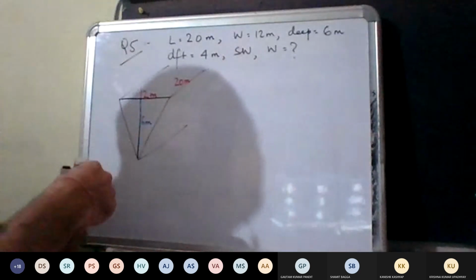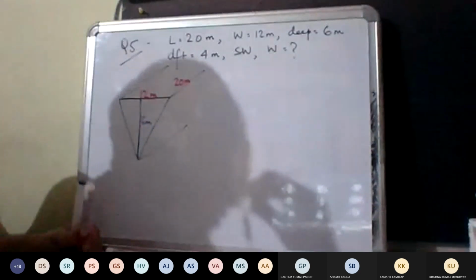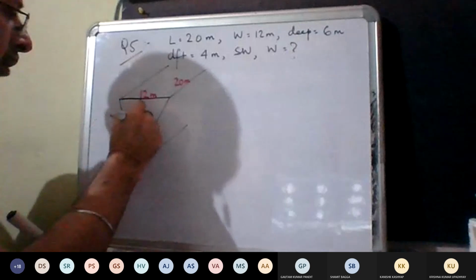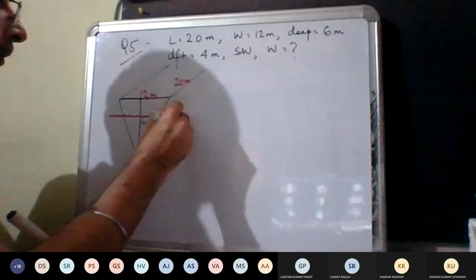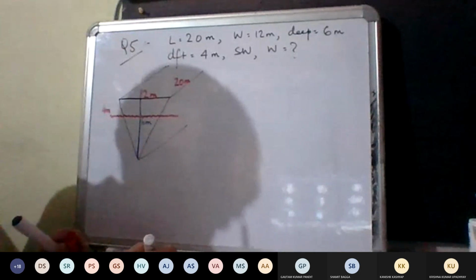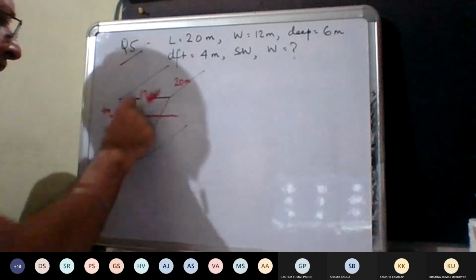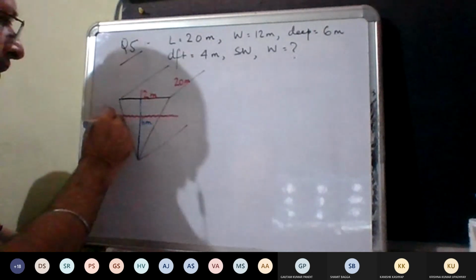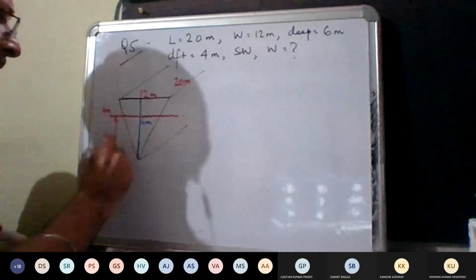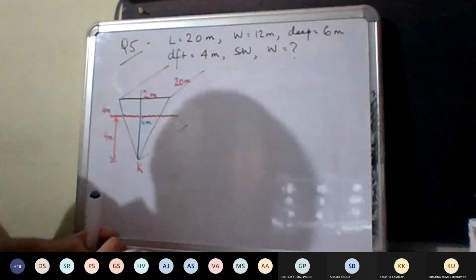And she is floating in a draft of 4 meters. So this is the water line, the water line at 4 meters draft. So this is 4 meters. This is our keel.